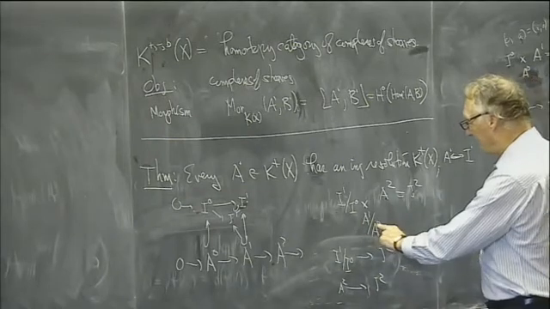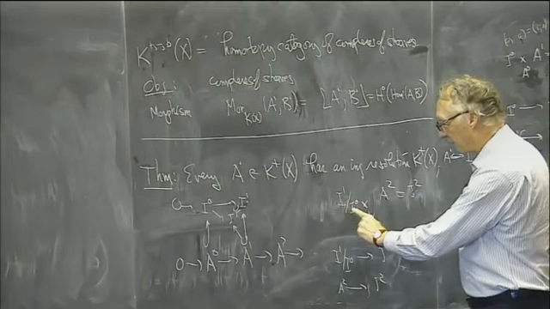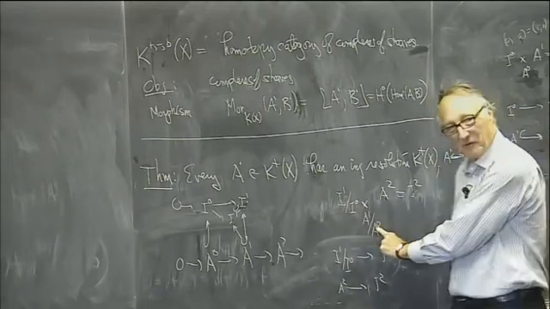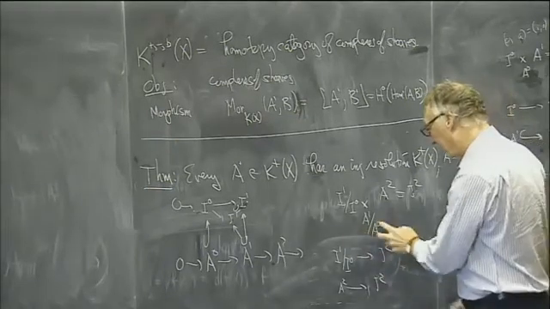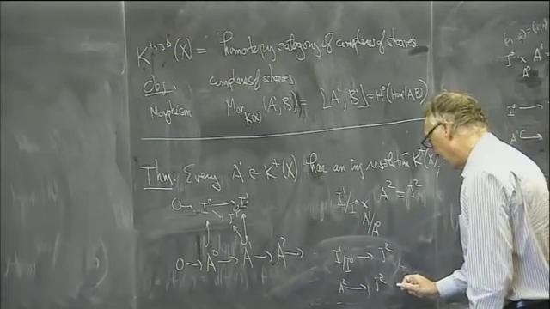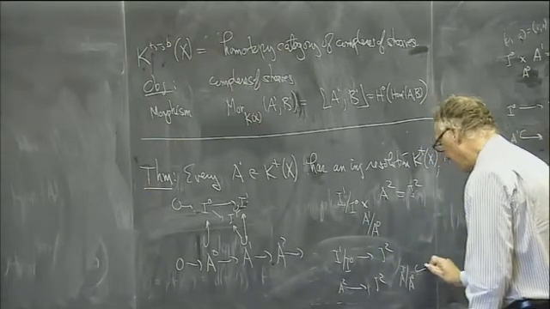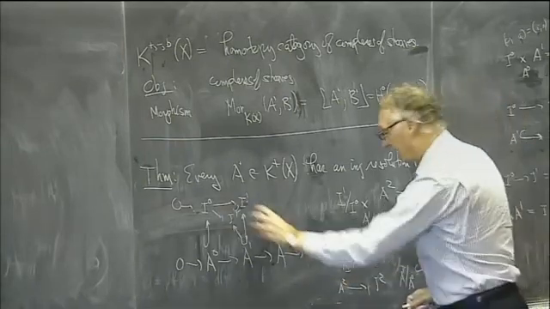Well, I need to know that if I start with an element in A1 and I push it into I1 and it goes to 0, that is to say it's in I0, it actually comes from A0. That's exactly this fiber product statement. So this is an injection, and therefore A1 over A0 injects into I1 over I0 by this assumption.